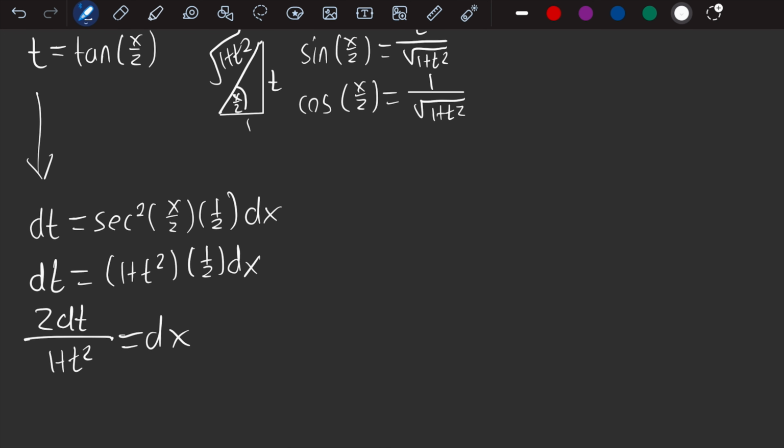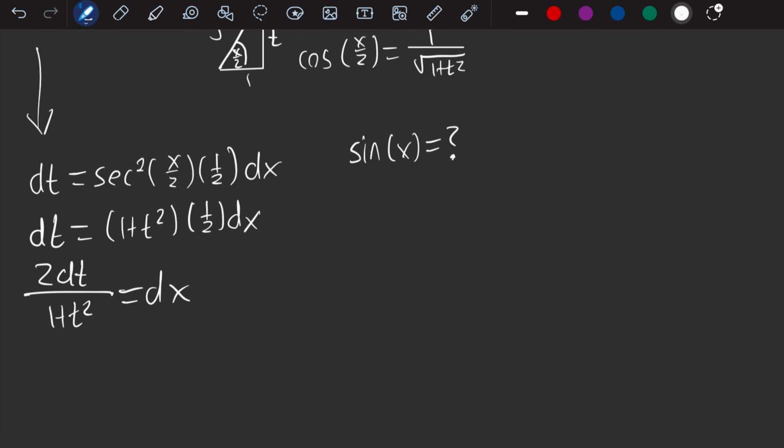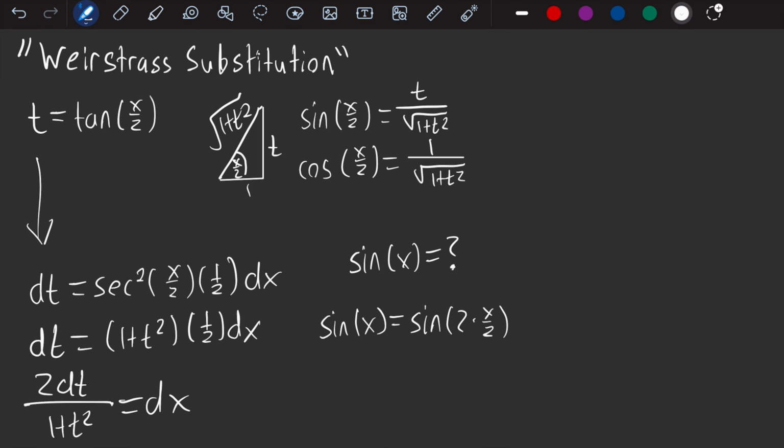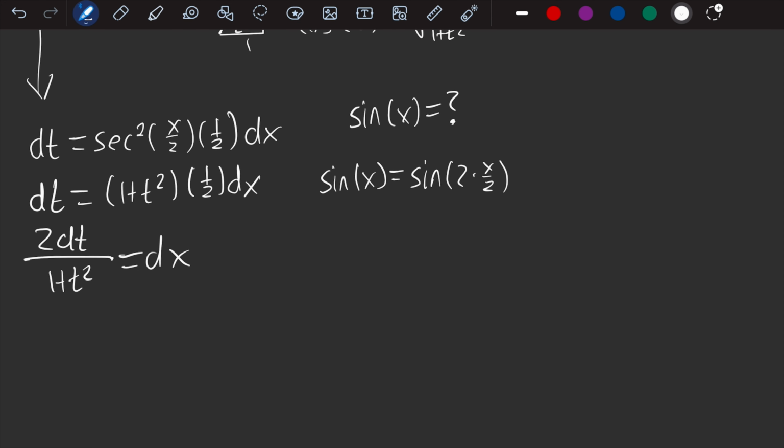So let's see what sine of x is. I want to find out what sine of x is. Now we're going to use a couple of trig identities. We're going to use some clever tricks. So sine of x, I think we would all agree, is the same thing as sine of 2 times x over 2. And we know what sine of x over 2 is, so we're going to use the trigonometric identity for the double angle of sine.